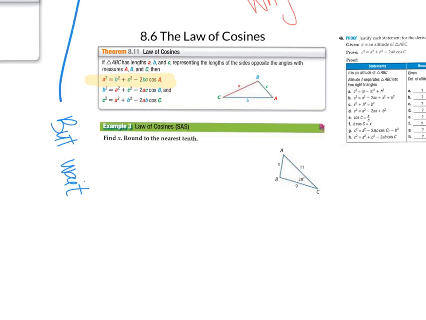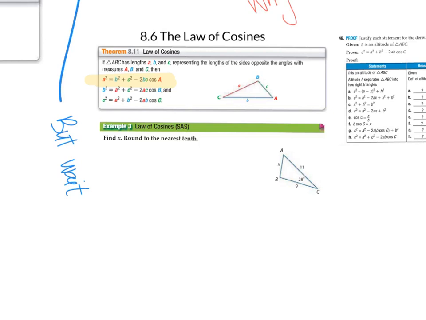We're going to say, should it be x squared equals 9 squared equals or 11 squared equals? How do I know which side is the A? Well, looking at my formula here, I'm noticing that it says a squared and then it says cosine of A. So that tells me that the side that is squared and has an equal sign has to be matched with the opposite angle that we either are given or are trying to solve for.